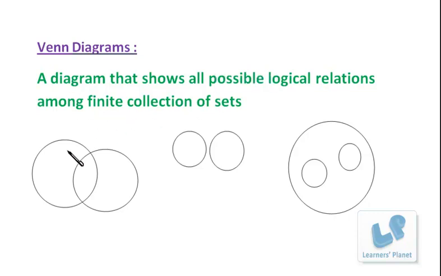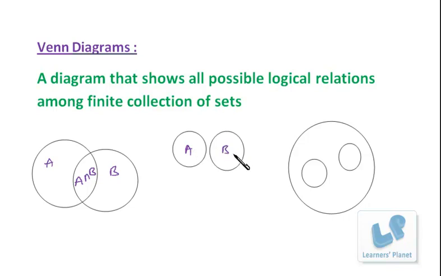We represent Venn diagrams by circles. Now, this is a combination of two circles. So suppose this is set A, this is set B, and this is the common portion, that is A intersection B, right? That is the elements which are common between A and B, right? So this is a Venn diagram that is showing the relationship between A and B.